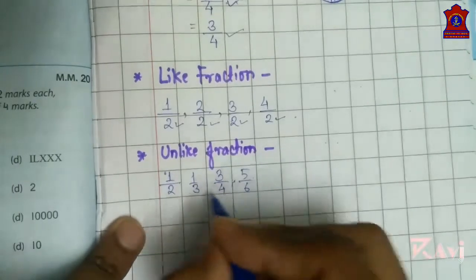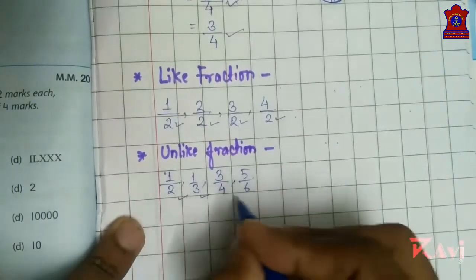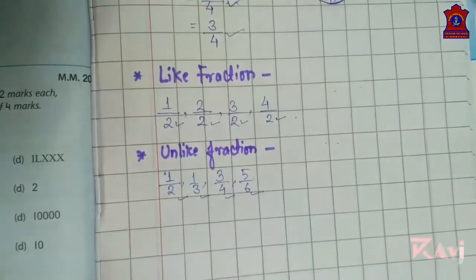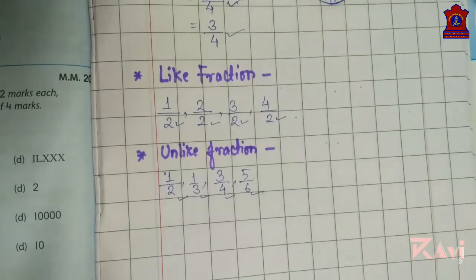See here, look at the denominators. These are different. So, unlike fractions have different denominators, and like fractions have the same denominators.